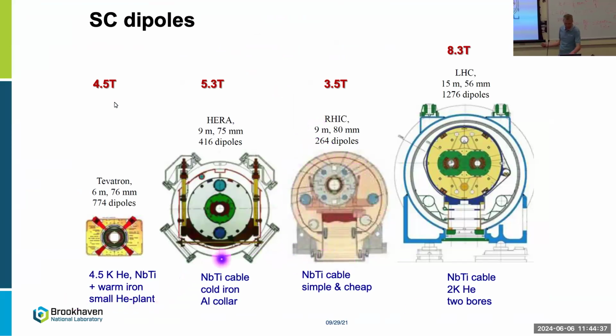Here it's a single beam pipe. Here it's 2 beam pipes in the same cryostat. Here, the Tevatron had a single beam pipe, both beams circulating in one pipe, protons colliding with antiprotons. And HERA, of course, was an asymmetric collider, similar to the EIC. The protons were circulating in the superconducting magnet, but electrons did not require such a high magnetic field, so they were in a separate copper magnet.